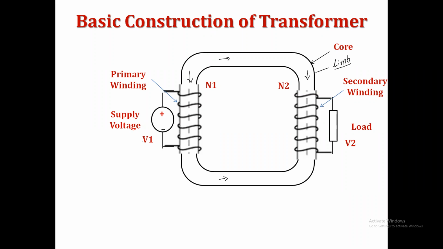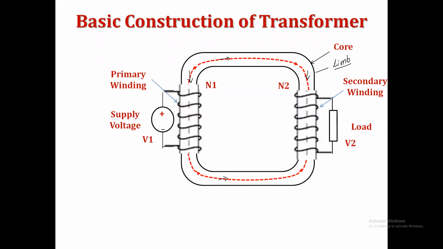Get it, my point? Now, if we assume that when the primary winding is connected to the supply voltage, definitely the current will flow through the primary winding. And when the current flows through the primary winding, it will set up magnetic flux, and this flux will link with the primary winding as well as the secondary winding through the core material in this way.